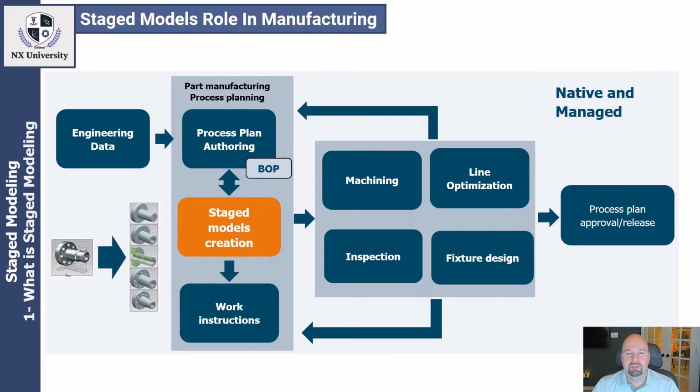And if there's any changes that need to be made there, those can also be sent back around to the work instructions or back up to the process plan authoring once again and sent back into stage models if there's any changes that need to be made there. What the stage models are going to allow the user to do is create the different stages for manufacturing, and those different stages can be shared amongst these other groups and other team members to go ahead and start doing their part of the job.